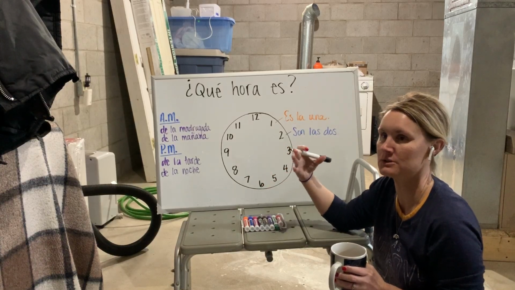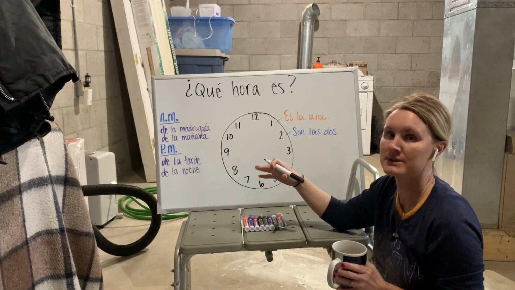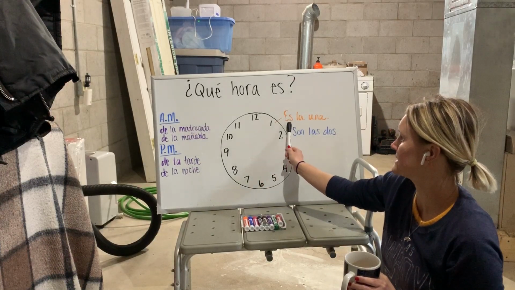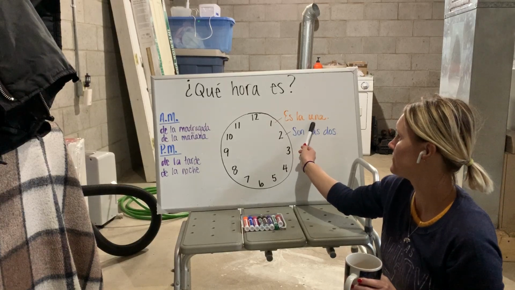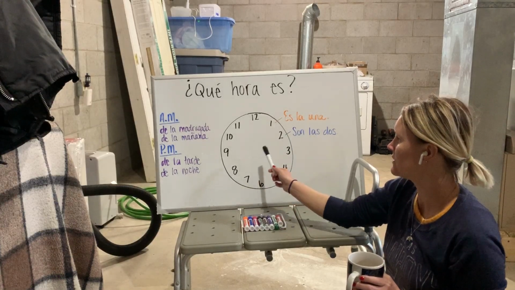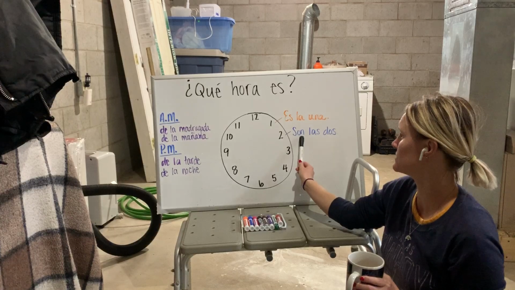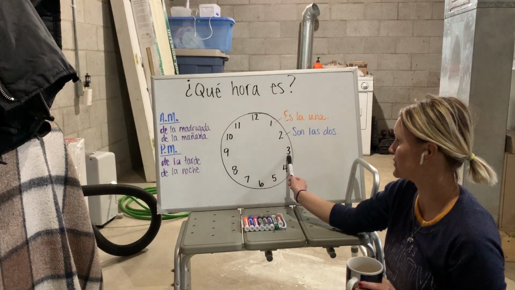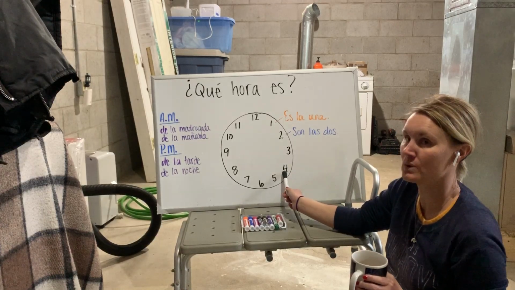It's 1 o'clock, 2 o'clock, 3 o'clock. Really easy. You have to remember, for 1 o'clock, we use es la una. Every other hour, we change and use son las dos, son las tres, son las cuatro.